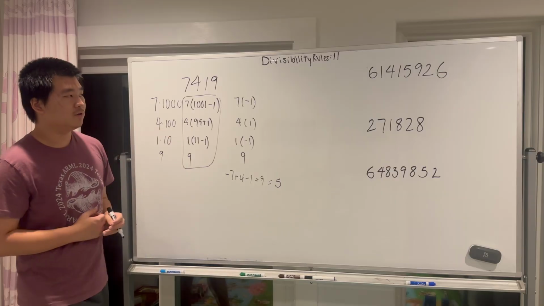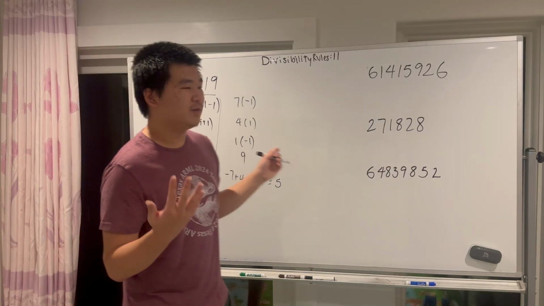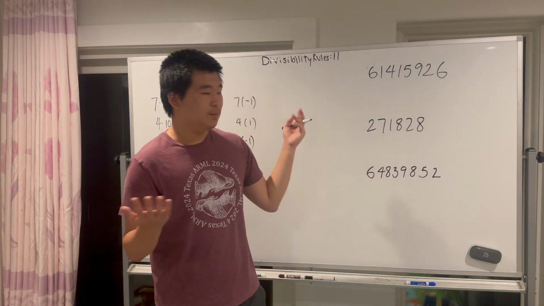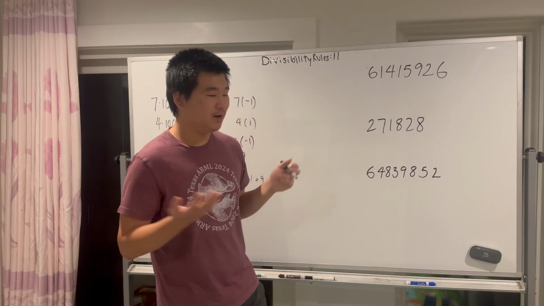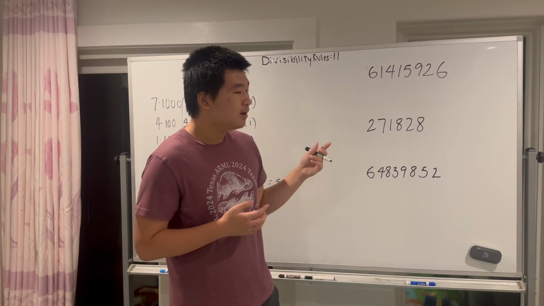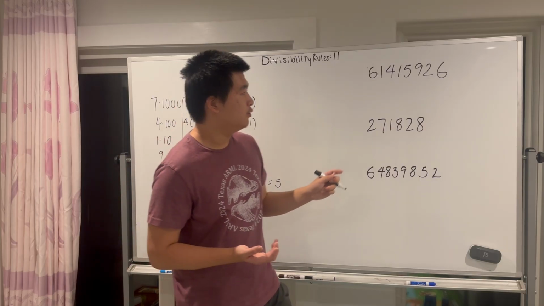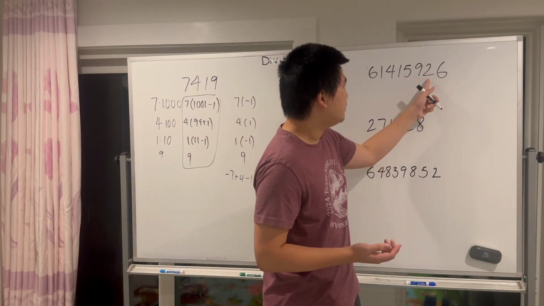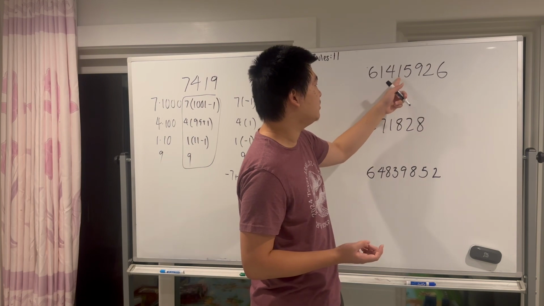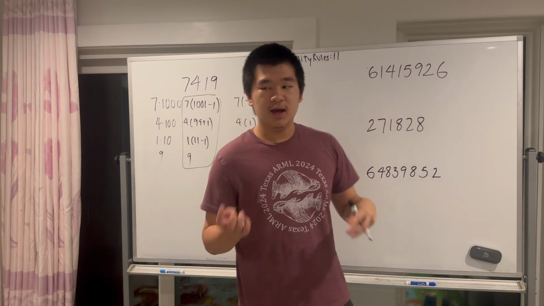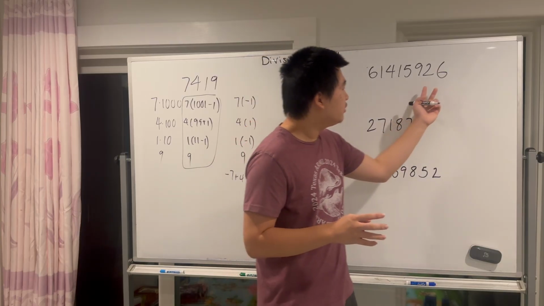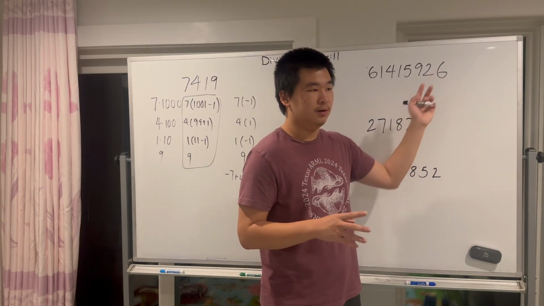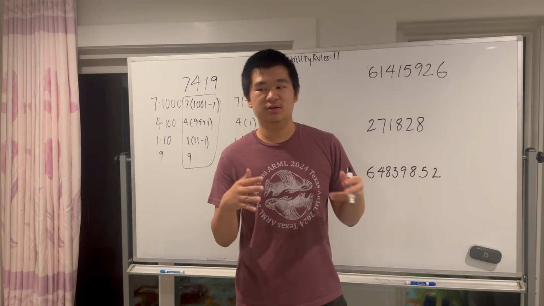So let's try it out. For example, 61,415,926. Maybe recognize this as just pi, but the 3 is replaced by a 6, and you'll see why I replaced it with the 6. Because, let's do our trick here. So it would be plus 6 minus 2 plus 9 minus 5 plus 1 minus 4 plus 1 minus 6. And a little thing you can do here is just take it 2 at a time. Plus 6 minus 2, that's just 4.